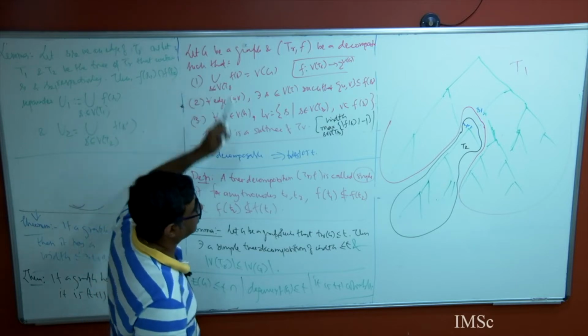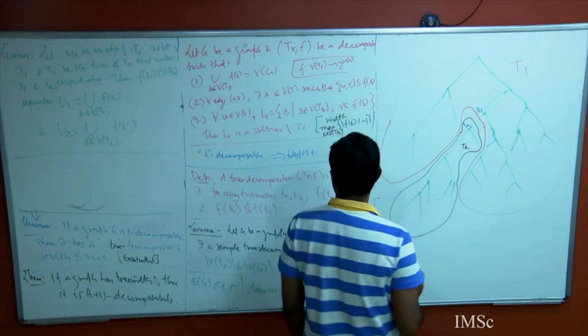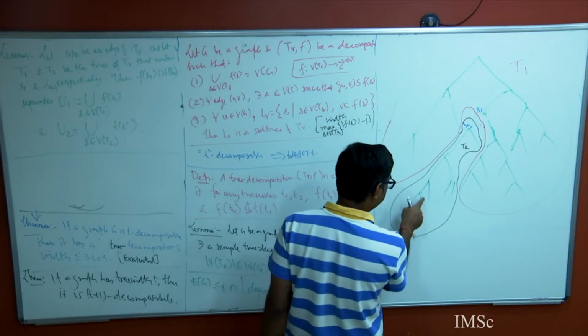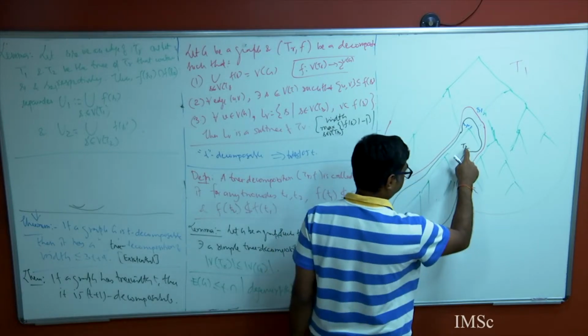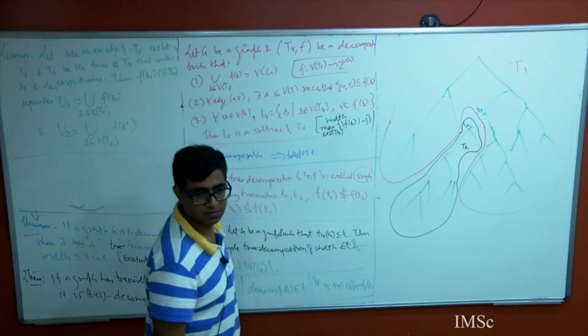And what does this tell us? Then f of S1 intersection f of S2, and what is U1? U1 is the union of vertices appearing in the bags here, this is U2, and U1 is the vertices in the bags that appear in this one, okay.